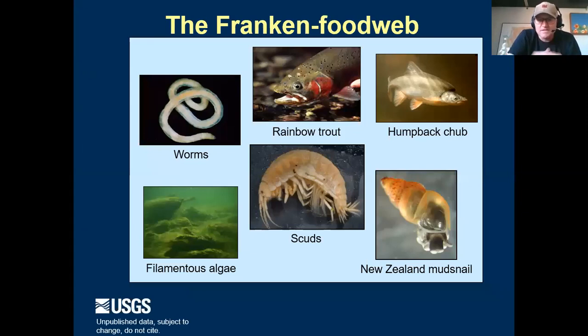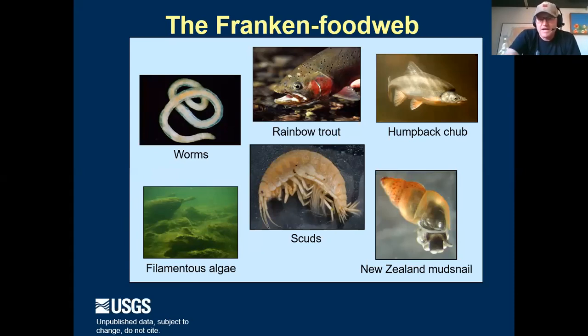And so that leaves us with what we call a Frankenfood web, where we have a mishmash of native species like humpback chub that are still there, but then a lot of introduced species. Also, we have a food web that's based heavily on algae now, whereas it used to probably be based on leaf litter and detritus, or terrestrial material.